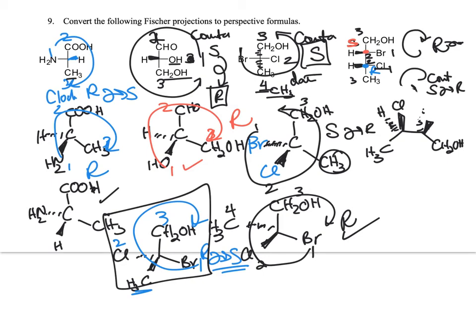Chlorine's with the bromine, and so let's just check it. So you got 1, 2, 3, 1, 2, 3. That's counterclockwise, so that's S, and that's correct. And then the other one here is chlorine 1, 2, 3, 1, 2, 3. That's clockwise, that's R, so that's good.